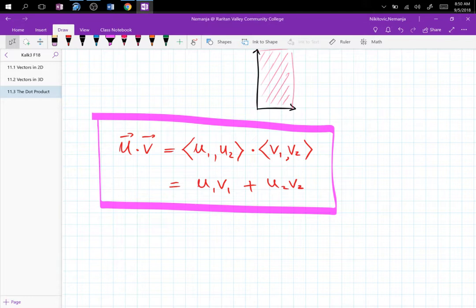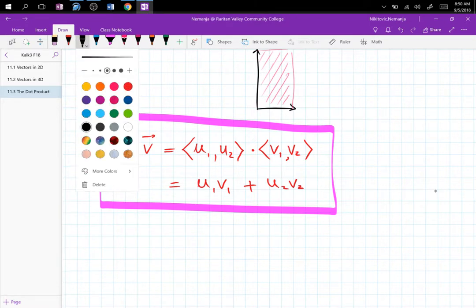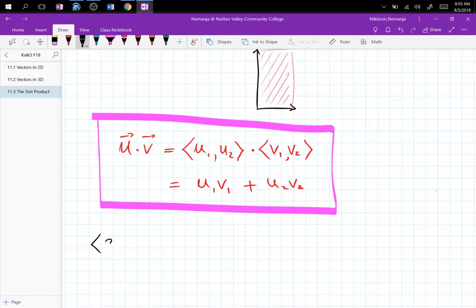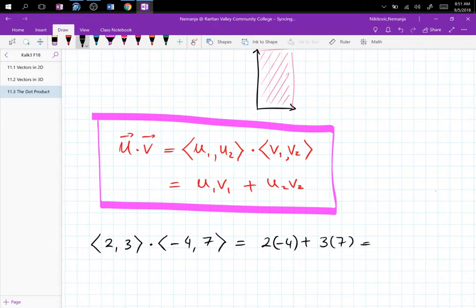So let's put in an example so we can actually see all of that right away. If I have 2, 3, and let's say negative 4 and 7, whatever. We're going to say 2 times negative 4 plus 3 times 7, which will give us negative 8 plus 21, for a total of 13.